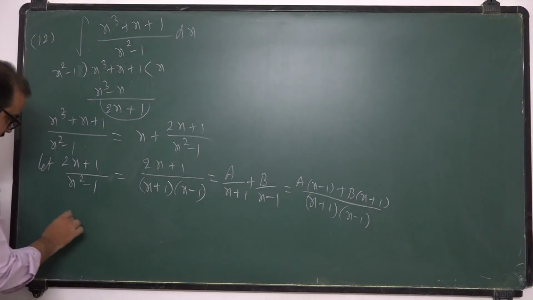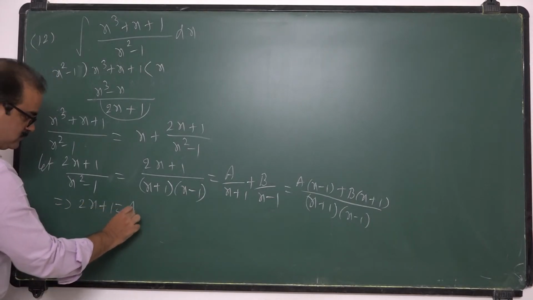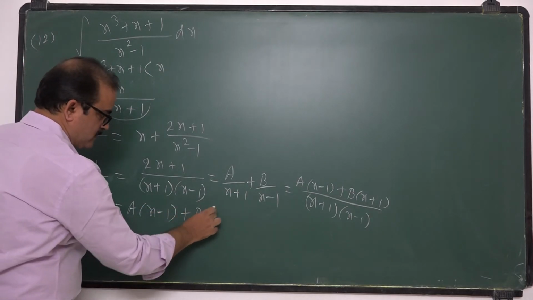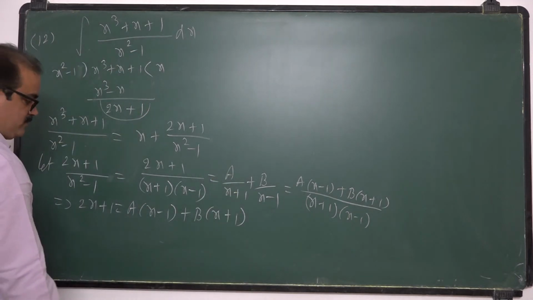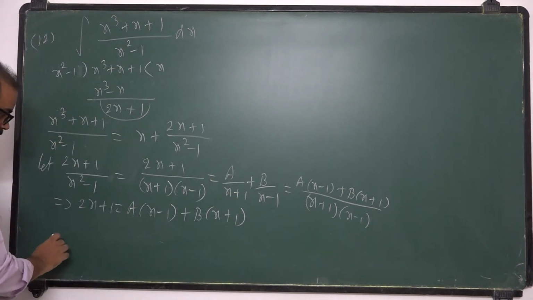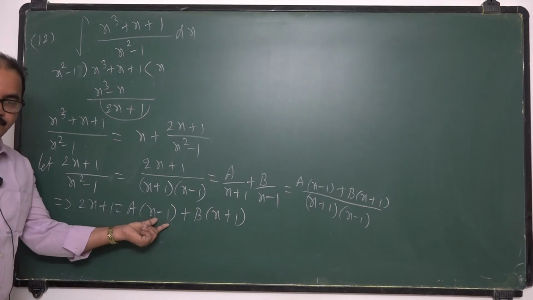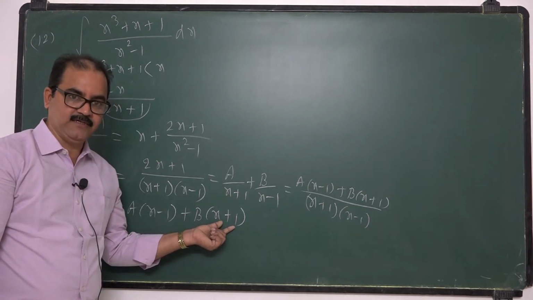Equating the numerators, 2x plus 1 is equal to A into x minus 1 plus B into x plus 1. Now put x is equal to 1, when one linear factor is 0, and x is equal to minus 1, when the other is 0.